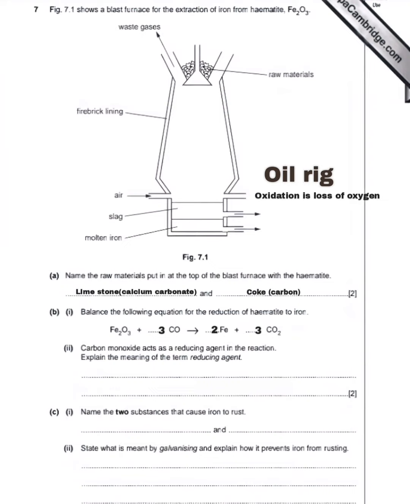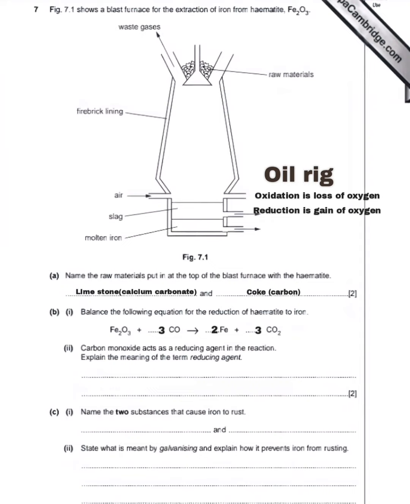Then RIG. R represents reduction, or reduction reaction. Then I symbolizes is. Then G symbolizes gain of oxygen. So in this case, which one is undergoing reduction reaction between iron 3 oxide and carbon monoxide?